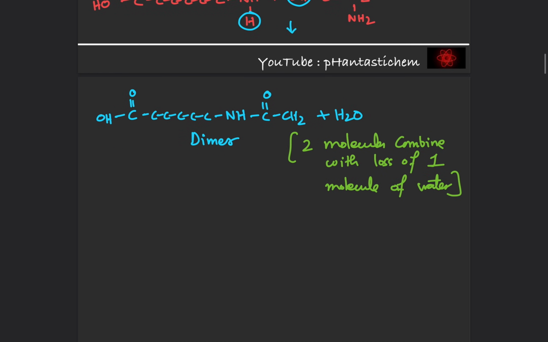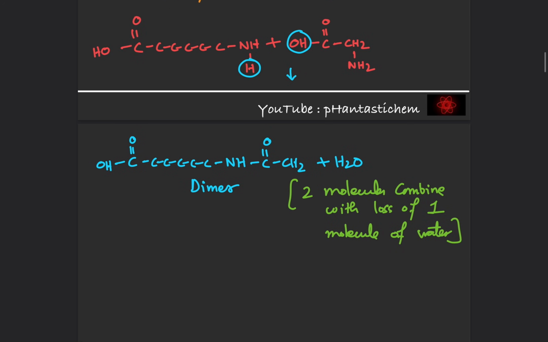Okay, and observe carefully that this dimer is again a bifunctional compound. It has this functional group as well as, yeah, one second, I made a mistake, and the mistake is that I did not write the NH2 here.